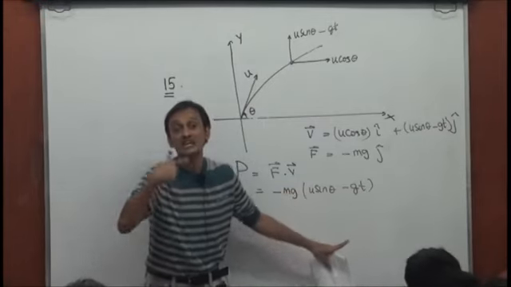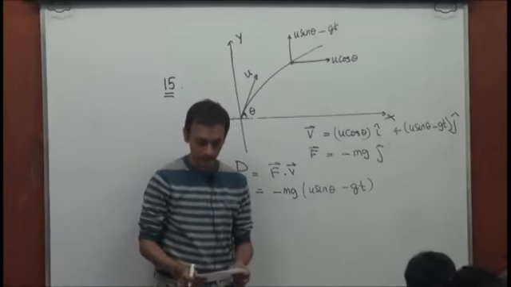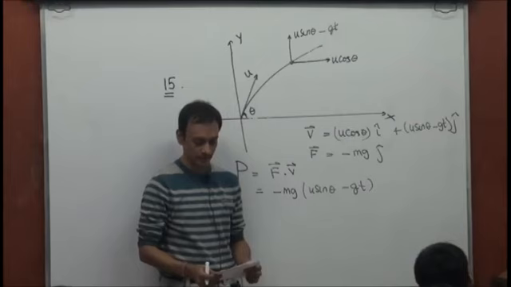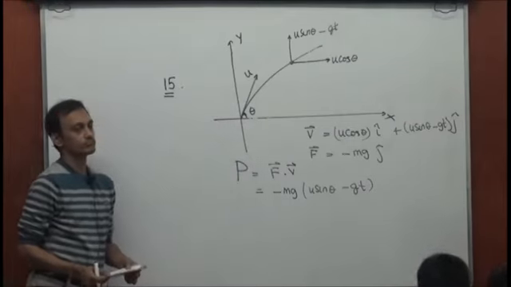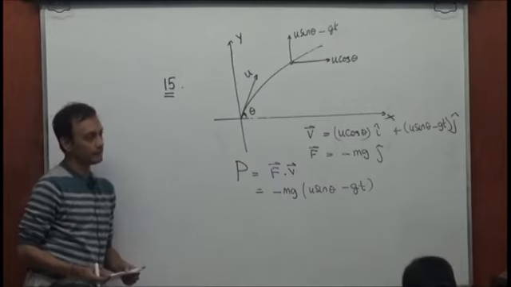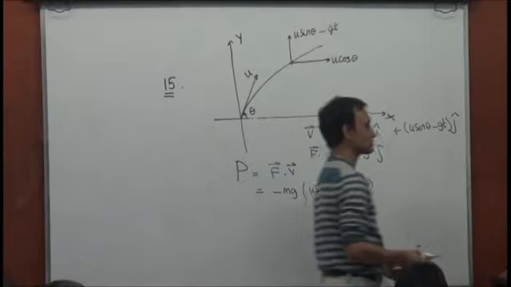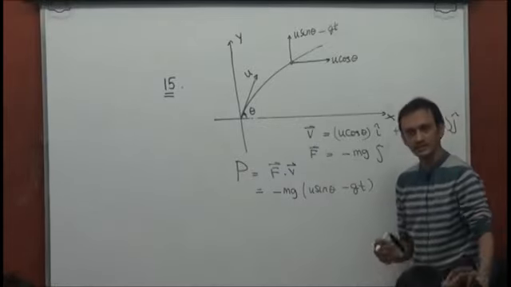Power varies linearly with time. Look at 16. P versus t is a straight line. It varies linearly with time.